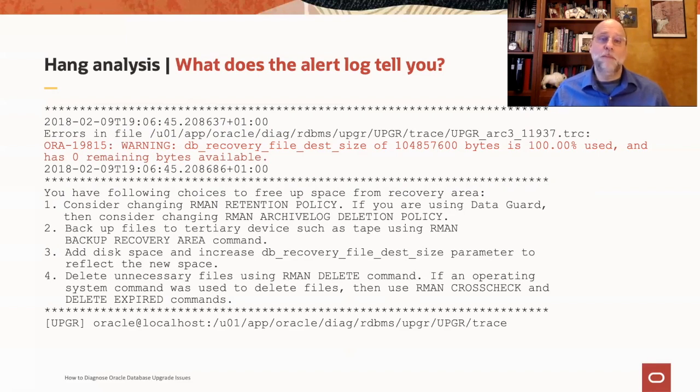And that means, because I have a guaranteed restore point, that the upgrade will stall at that point. So all I have to do here is go into another window, connect to the database, alter database, set DB recovery file dest size to a larger number, and that will free up my system and address the hang.